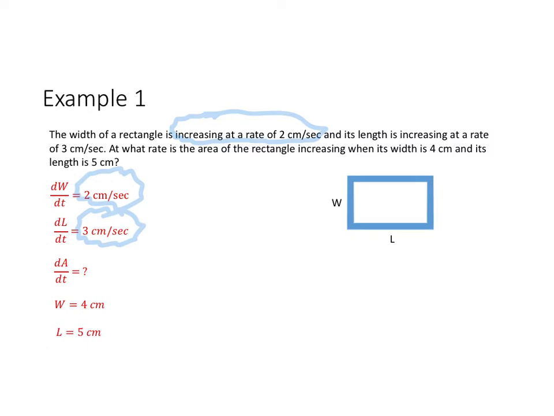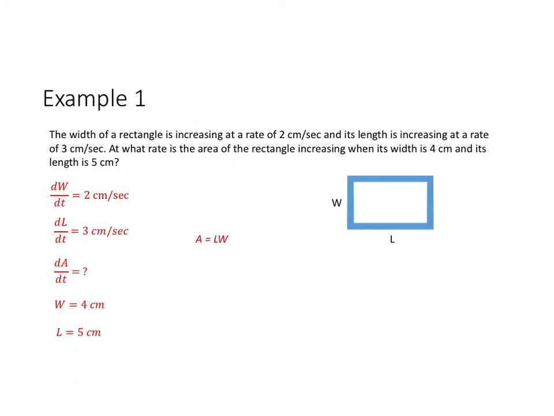Now, they want to know at what rate is the area of the rectangle increasing. So we want to find dA/dt. And we want to know what dA/dt is when the width is 4 and the length is 5. Okay, so that's all the data that they give us.